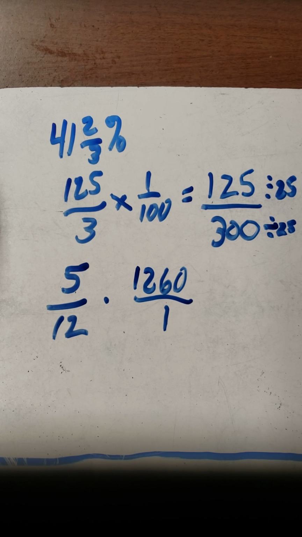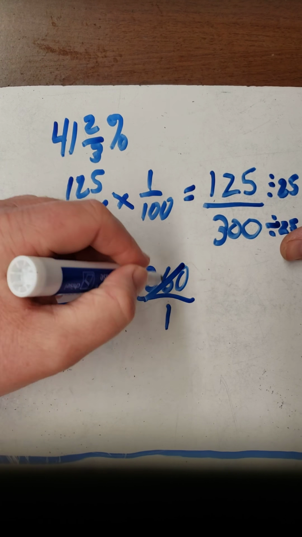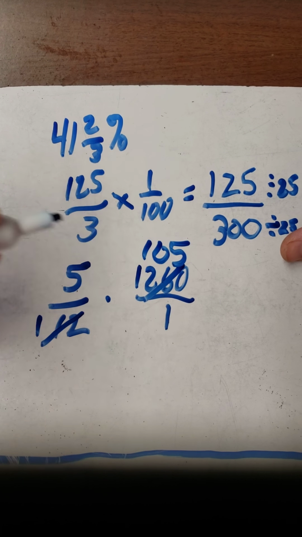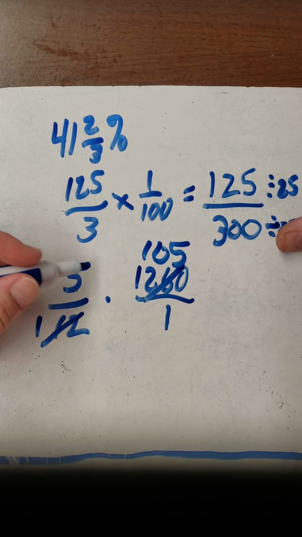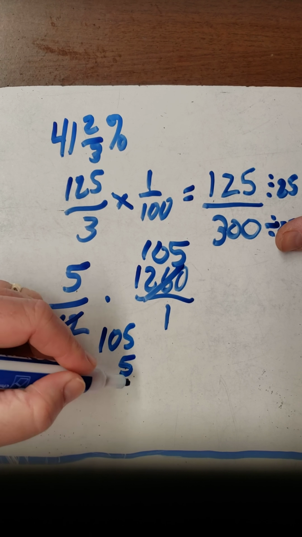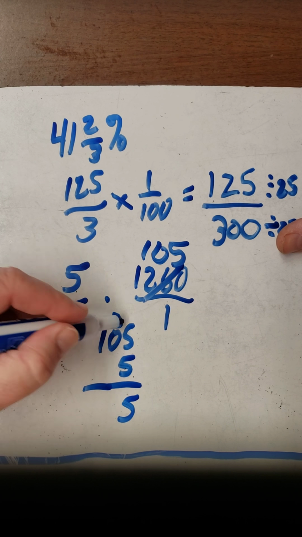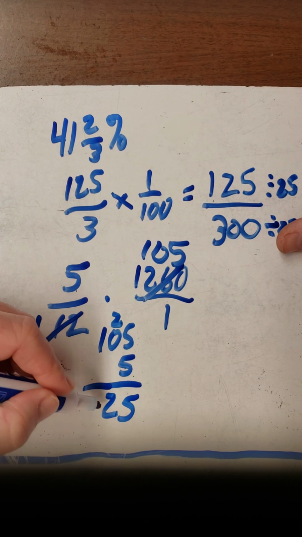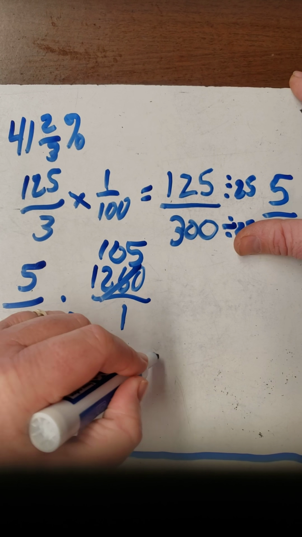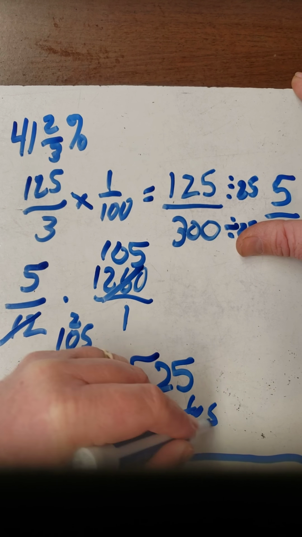And 12 does go into 1,260 105 times. So then we have to go 105 times 5, which is 525. So there were 525 votes that the incumbent received.